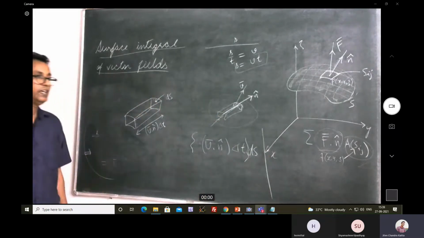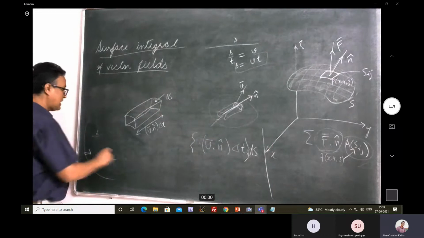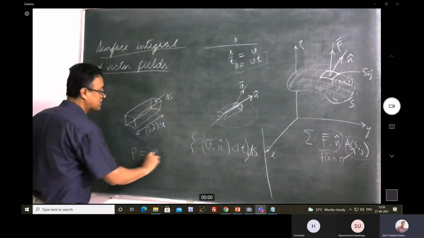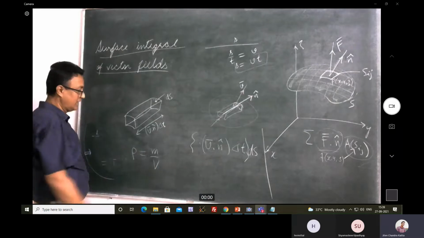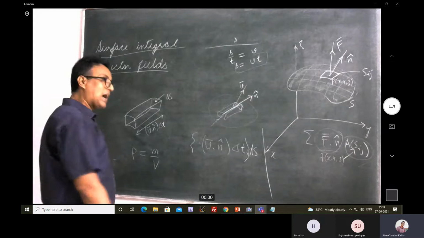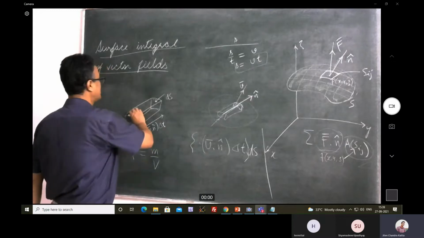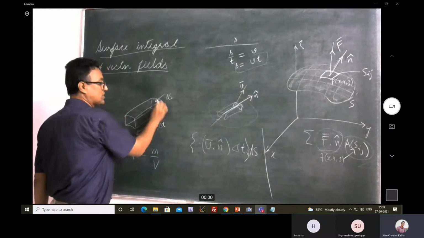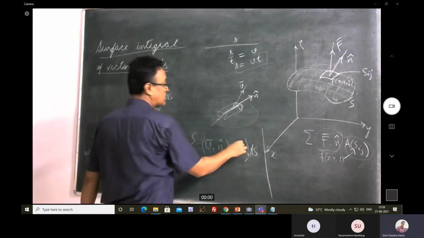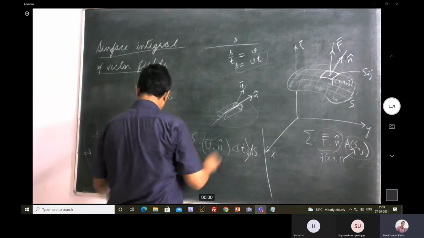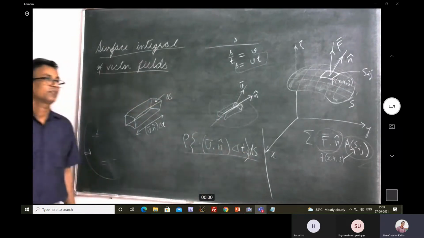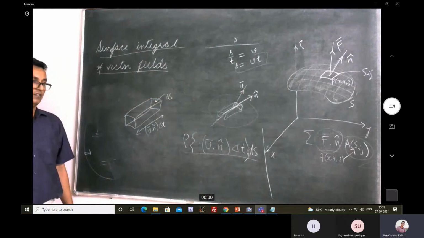Fine? Okay? And you know that density is nothing but mass per unit volume. So if you want to find out the mass of the fluid that is inside this column for time delta t, then rho into this is going to give you the mass, isn't it?